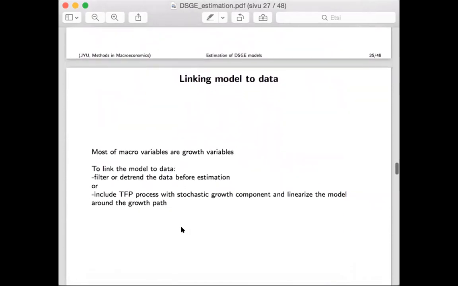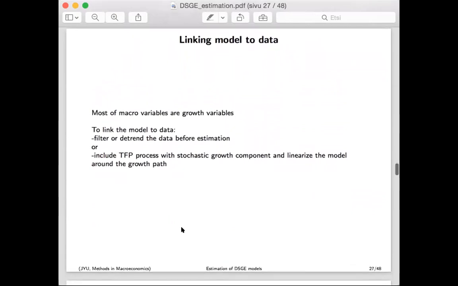One thing to notice is that DSGE models produce stationary fluctuations, but then they are fit to data that are growth variables. So there are at least two ways to deal with this. First, one filters or detrends the data before estimation, and then uses only the cyclical component as data. Or then one can include, for example, a TFP process, which actually has a stochastic growth component in the model, and then one doesn't linearize the model around the steady state, but around the steady state growth path.